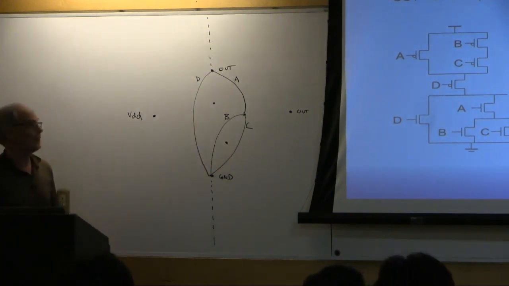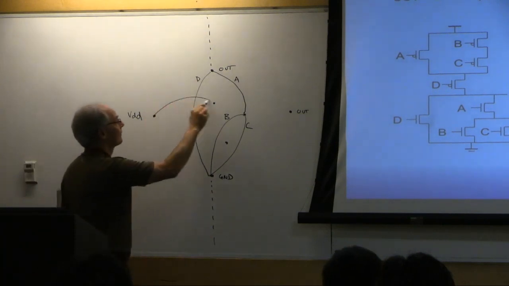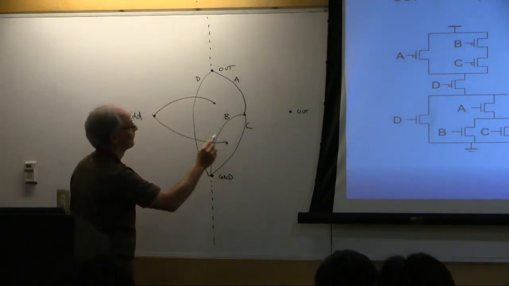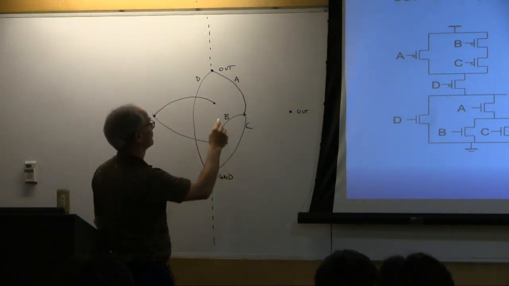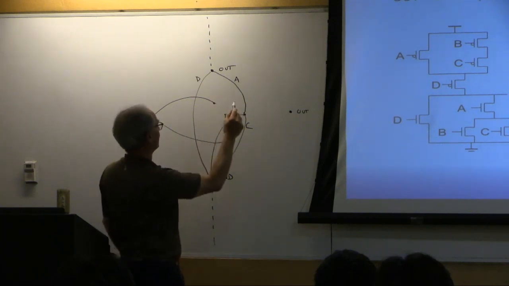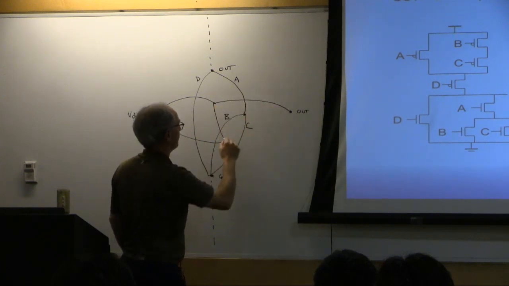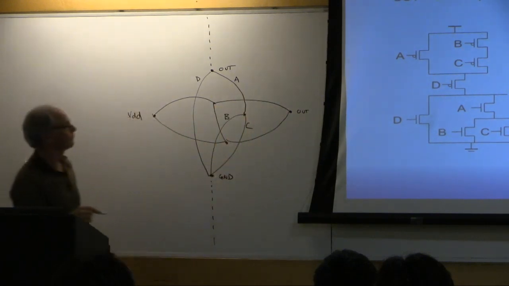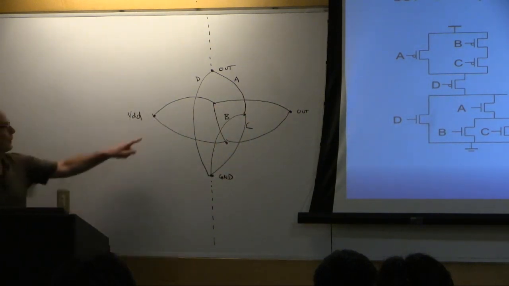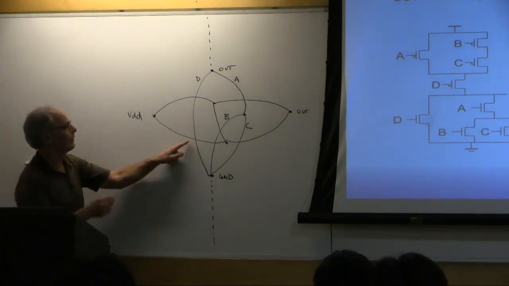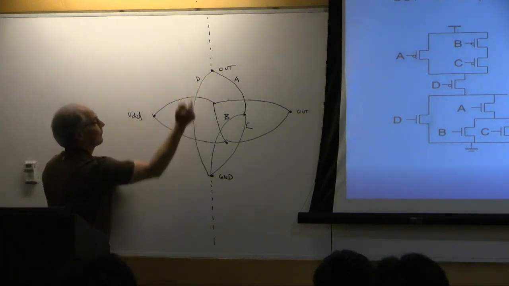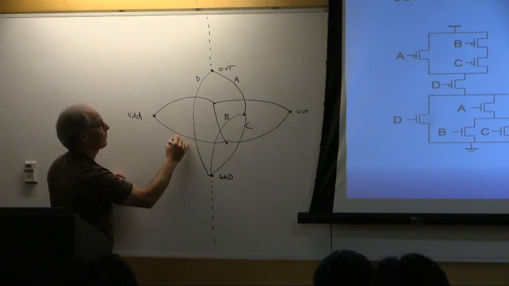Those will be intermediate nodes. And then we're going to connect all the dots. Now, when we cross these edges, we have to label this new edge with the same label as we had before.